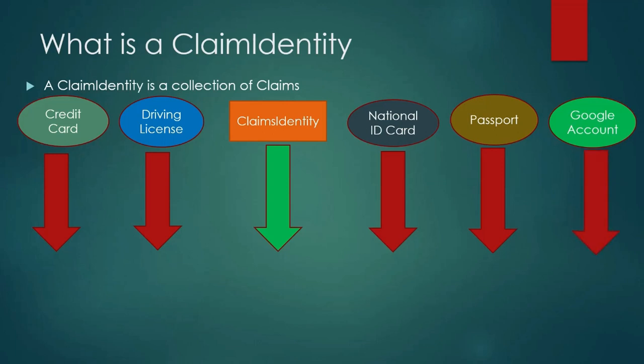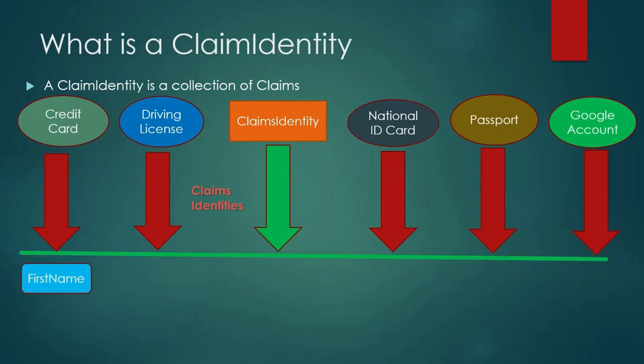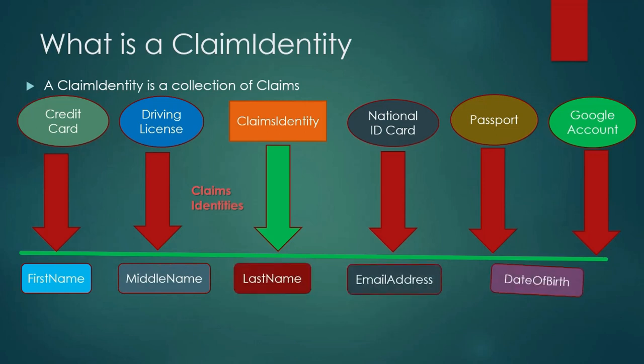These are some of the examples of claims identity. All of these have some information about you. Some have the first name, middle name, last name, some have the email address, some have the date of birth. All these are claims.